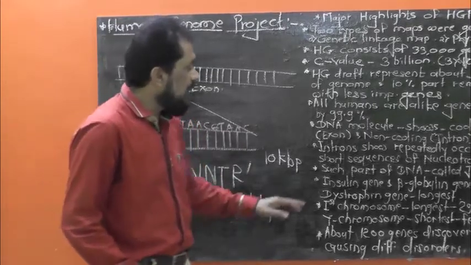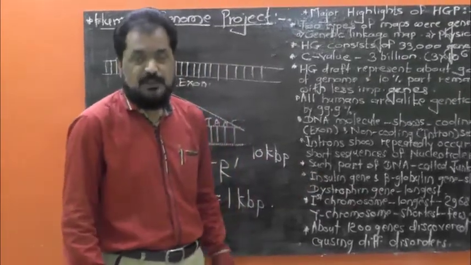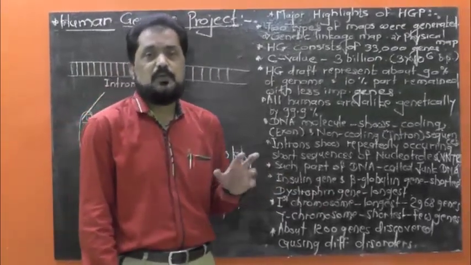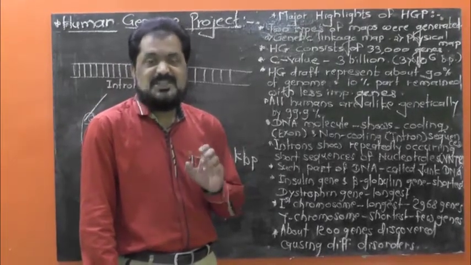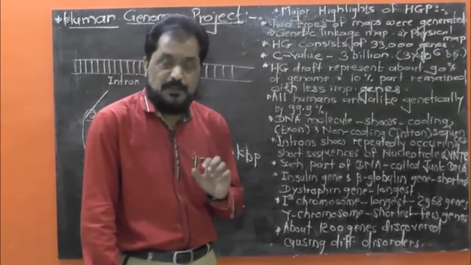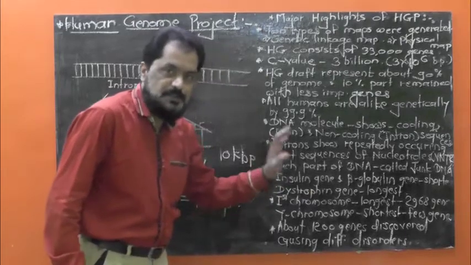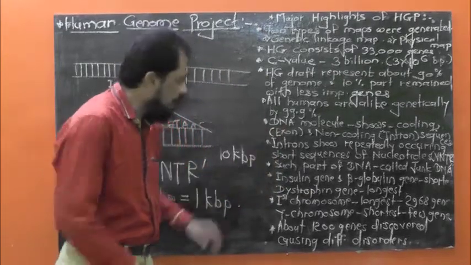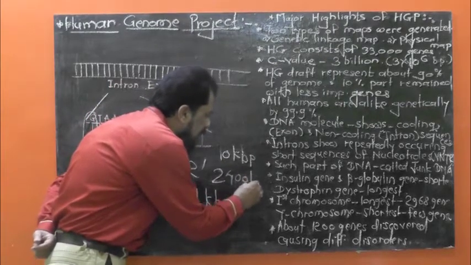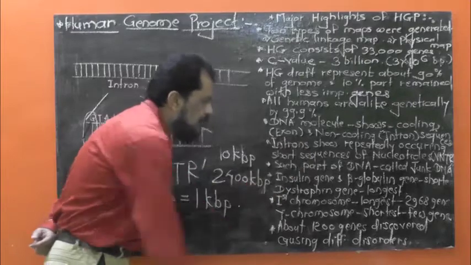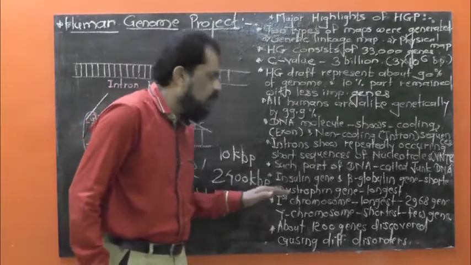While the longest gene is the dystrophin gene. This gene is responsible for causing a disorder, muscular dystrophy, Duchenne muscular dystrophy, and this dystrophin gene is the longest gene and it is made up of 2400 kilo base pairs.